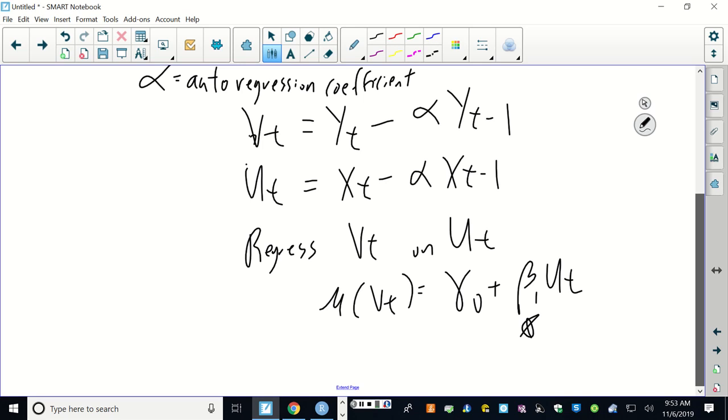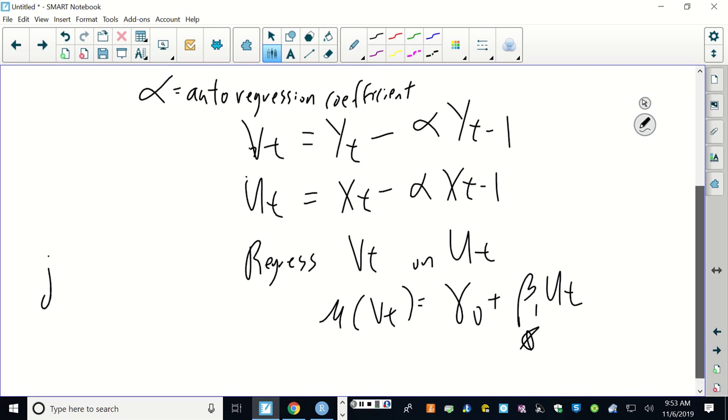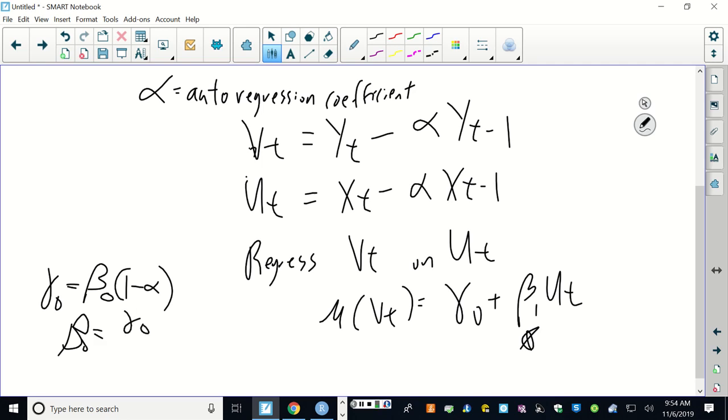The alpha 0 relates to this intercept times 1 minus alpha. So you could get an estimate of the original intercept from the filtered regression by dividing by 1 minus alpha.